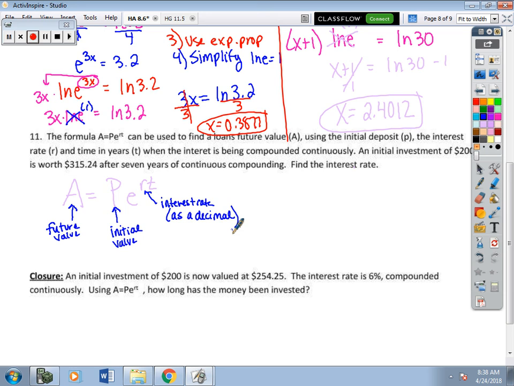Some of you screwed this up on your assessment. Jade? 0.0425. You move the decimal 2 spaces to the left. If it were 0.4%, what would that be as a decimal? Ashley? 0.004, as a decimal. So just make sure that you convert those. And then T is going to be your time in years.